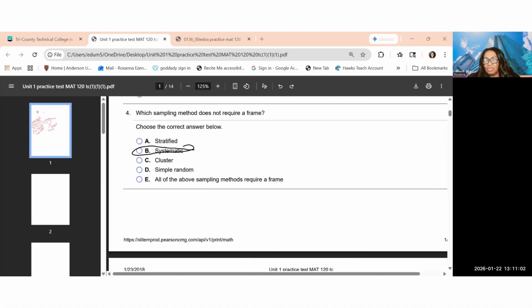Then I can make sure that I apply a systematic sampling method or a simple random sample to take a sample, and make sure that the sampling I'm using is appropriate.